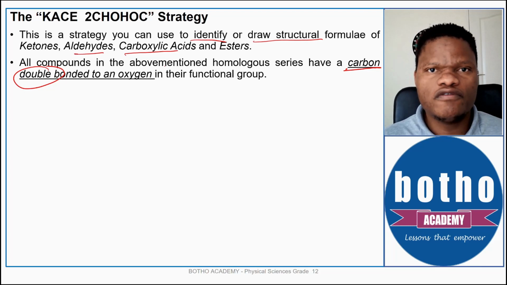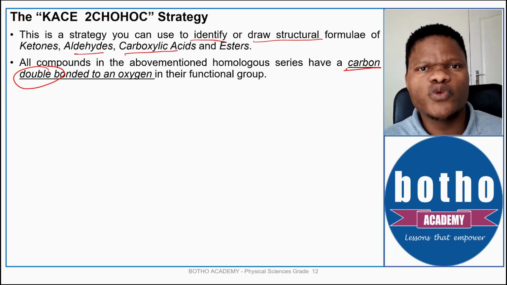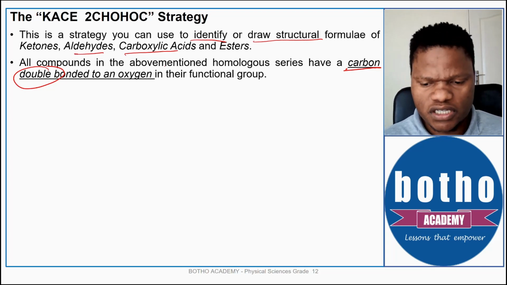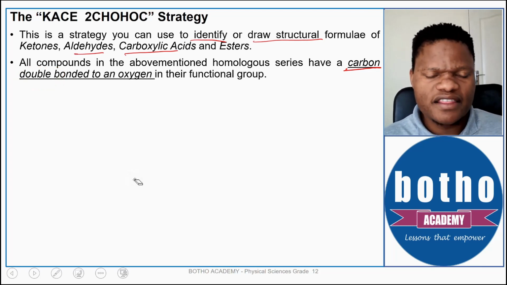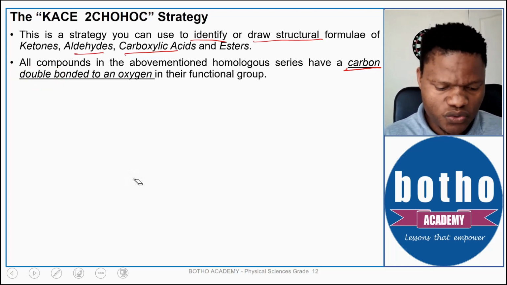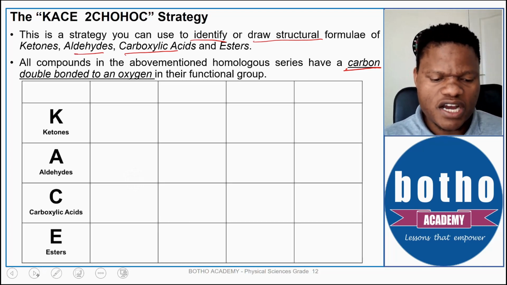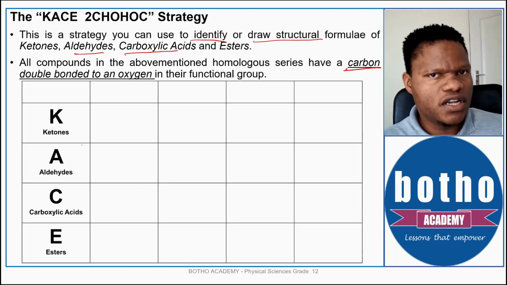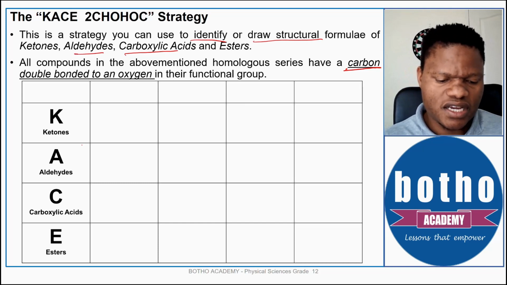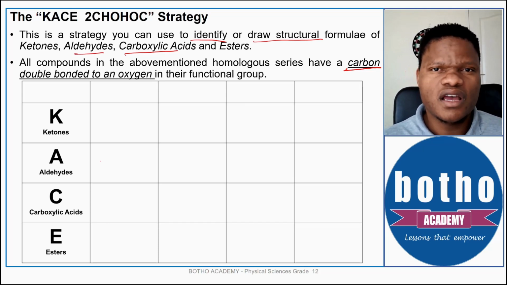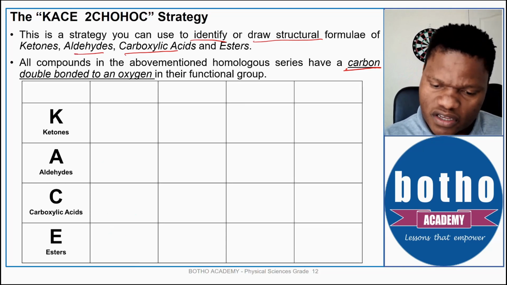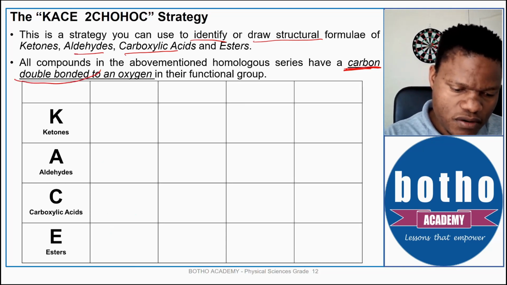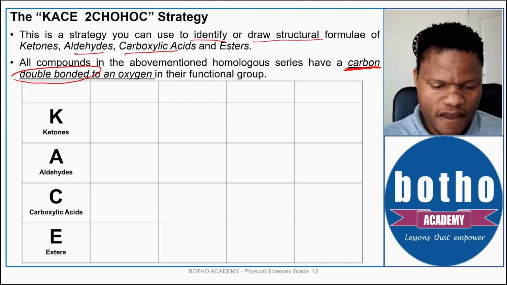All 4 of them have a functional group which has a carbon which is double bonded to an oxygen. Then there are other things that distinguish them from each other. Ketones do not look like aldehydes, just like carboxylic acids do not look like esters, although they all have this one thing in common, which is a carbon double bonded to an oxygen.